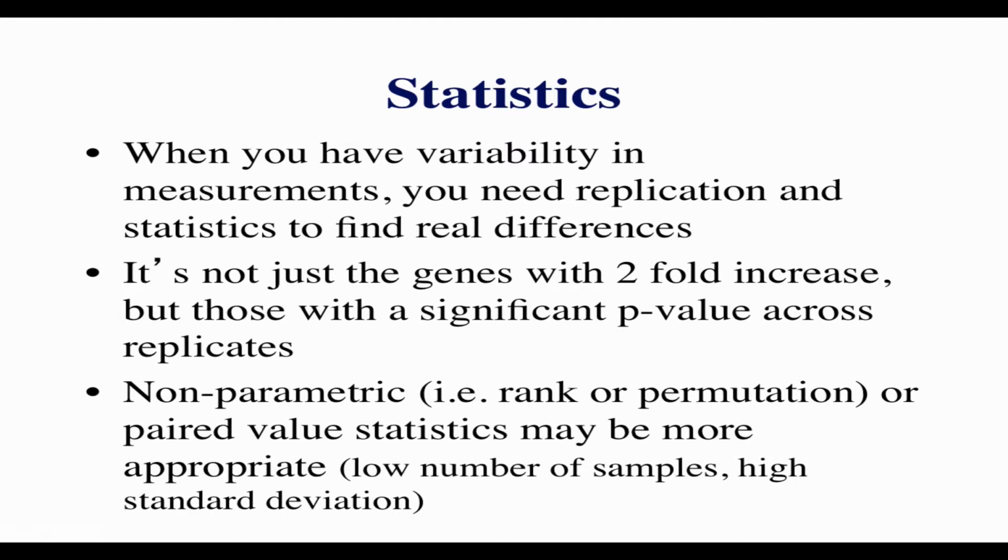And you can't accurately calculate the standard deviation of those measurements. You also can't accurately assume that the standard deviation of your treatment samples is the same as the standard deviation among your control samples for this gene, for each gene. And those are all assumptions that are more or less required in order to use a t-test. So there's a variety of non-parametric methods that have been applied to gene expression data.